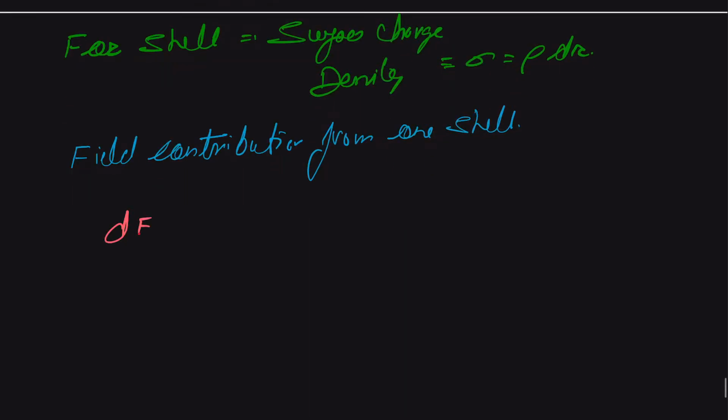We calculated in part A that dE is equal to sigma upon 2 epsilon naught, and here sigma is equal to rho times dr, divided by 2 epsilon naught. Okay, and the direction will be the same. So we are integrating it radially.